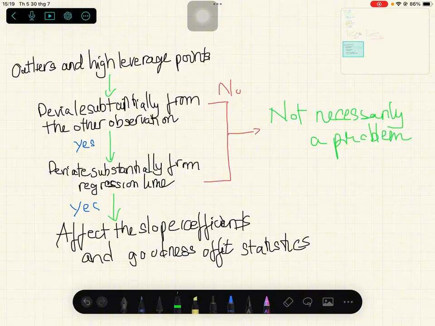The result: the regression line may rotate dramatically, slope coefficients change, intercept changes, predictions change, even hypothesis tests may change. This is exactly why influential observations matter. They don't simply look unusual, they actually change the model, and that is the key distinction. An observation can be strange without being influential. Influence depends on whether removing that observation materially changes the regression.